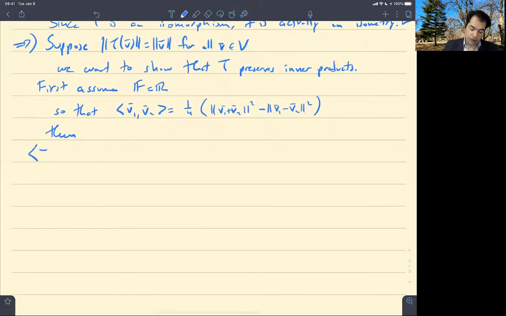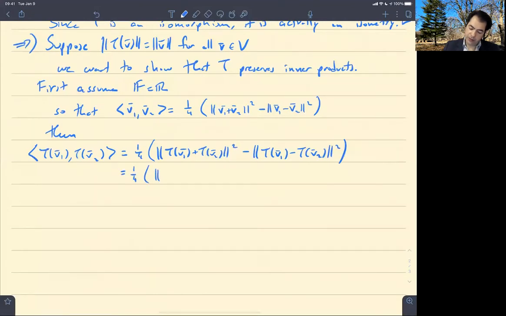Because you just start with the inner product of T of v1 with T of v2. You apply this formula to say, well, that's 1/4 of the length of T of v1 plus T of v2 squared minus the length of T of v1 minus T of v2 squared.